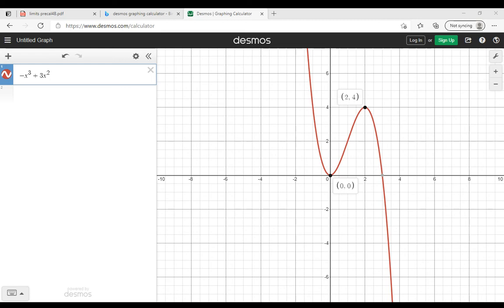So this is right, this is left. So since they're both going up, we're going to start at this point and go up. So your range is going to be a little bit different. It's your range that will change. The domain does not. If you have 2 infinity arrows, the domain will be all real numbers.